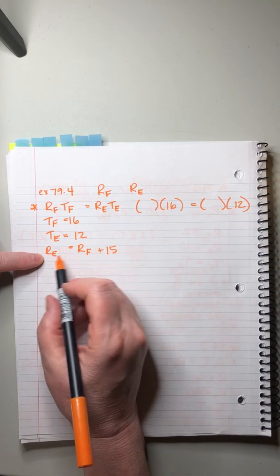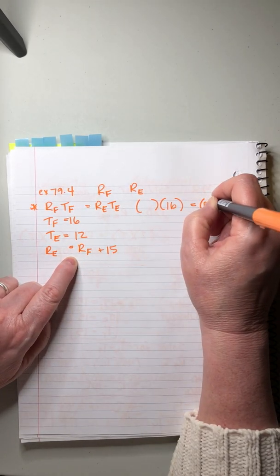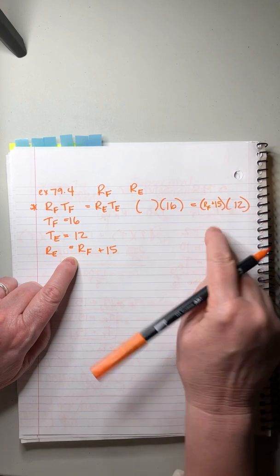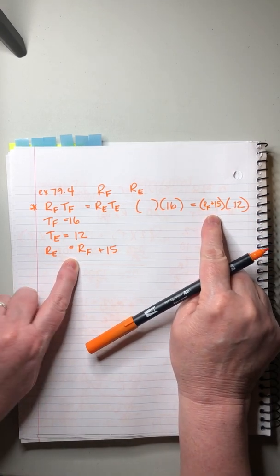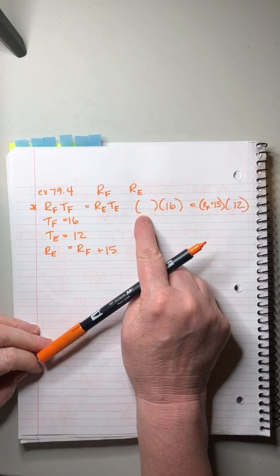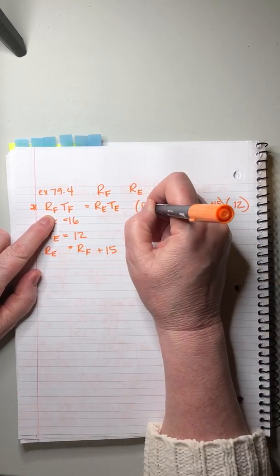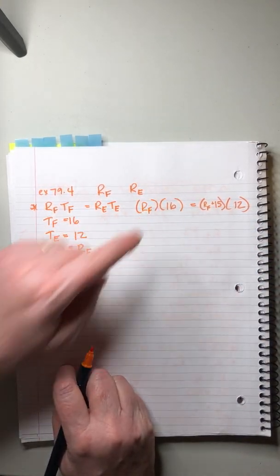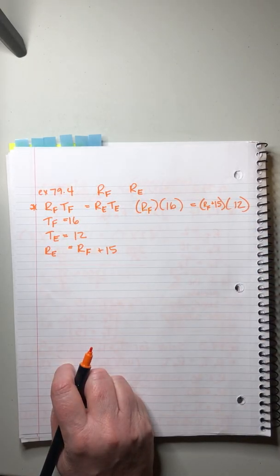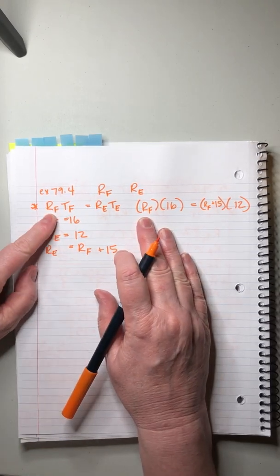RE equals this. So that goes here. RF plus 15. Don't be like me, kids. Make your boxes bigger when you see that you have one of those, so that you won't have to squish it. Now, we don't have anything for this. That's okay. We just put that letter that showed up in the base equation. Just go ahead and fill that back in, okay?